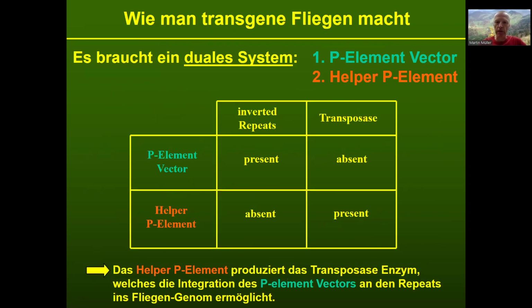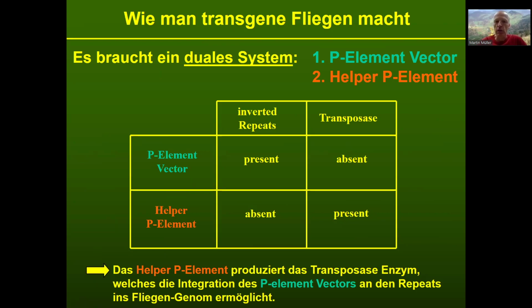So they designed two vectors. A P element vector, which is basically a normal plasmid, as you have learned in microbiology when you were transforming bacteria, and a helper P element. This helper P element is also basically a simple plasmid.